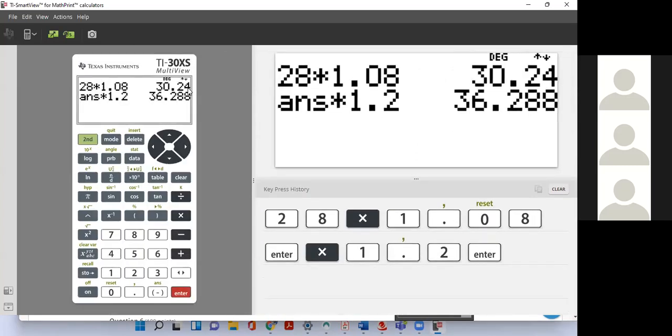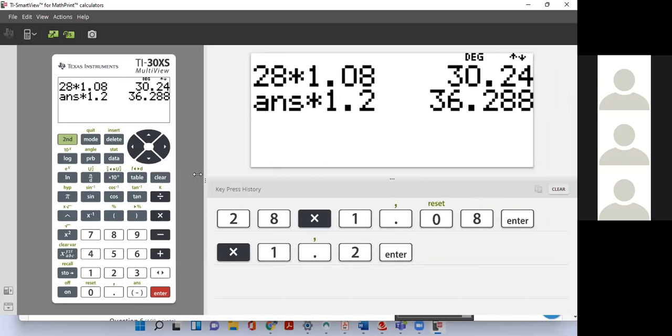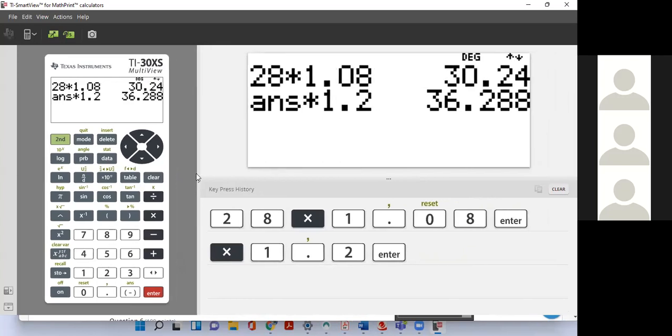Then if I take 30.24 times 20%, that would be $6.48. So I would do $30.24 plus 6.48, and I come up with 36.72.